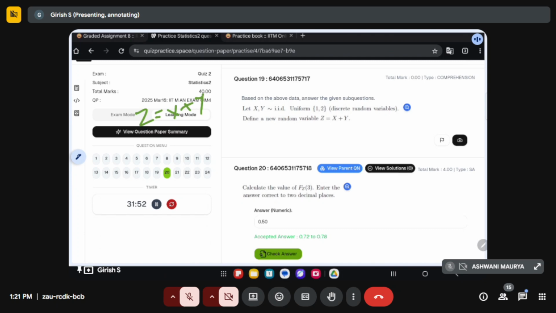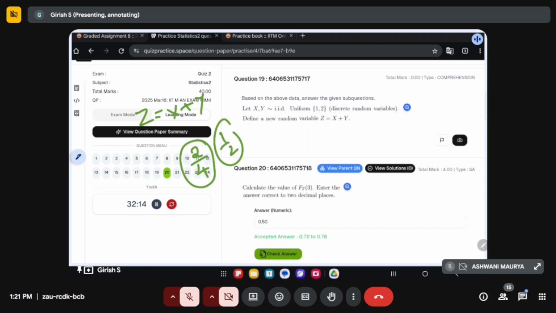Did anyone figure out what mistake we made in the previous one? There are two possibilities, right? x equal to 1 and y equal to 2, and x equal to 2 and y equal to 1. So these two should be added. We have it as 2 by 4 only. That's 1 by 2.